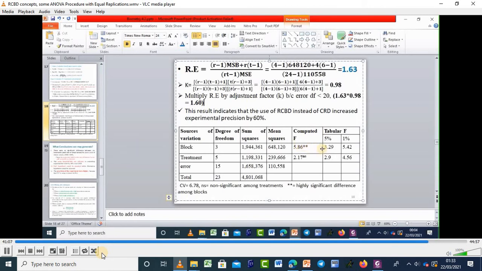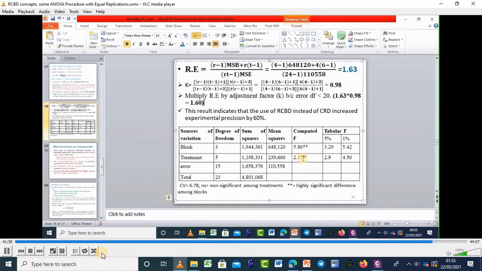Therefore, this value is higher than that of this one. That's why two asterisks are placed here, and it indicates that there was a significant difference between blocks, whereas there was no significant difference between the 6 treatments.